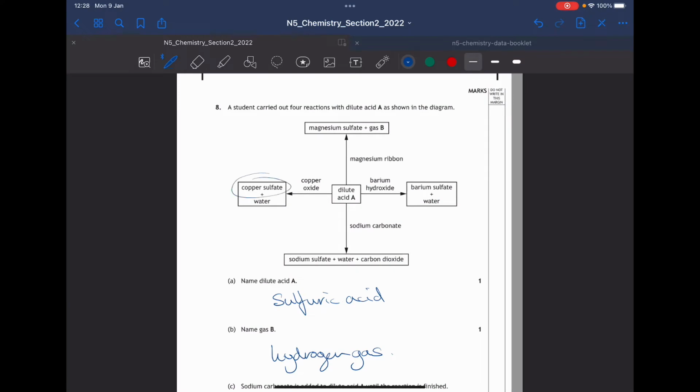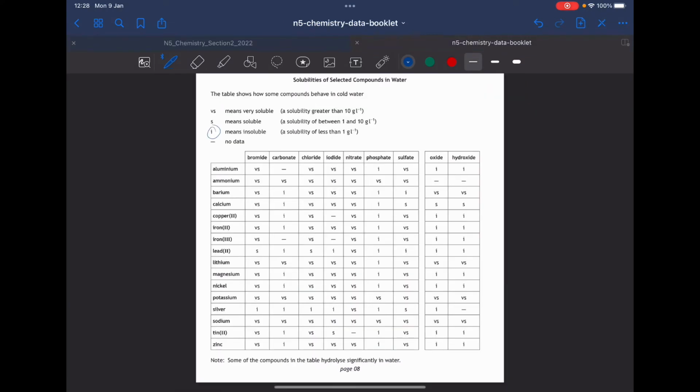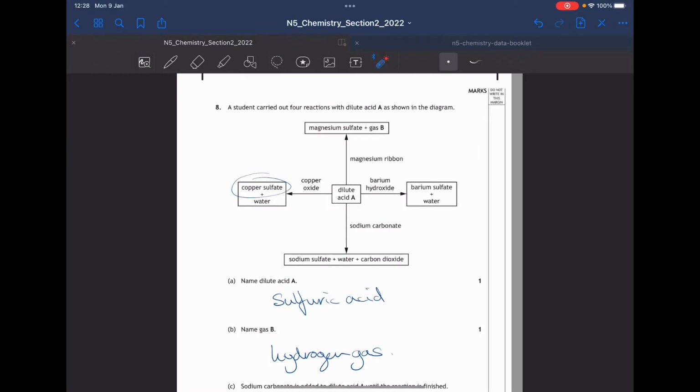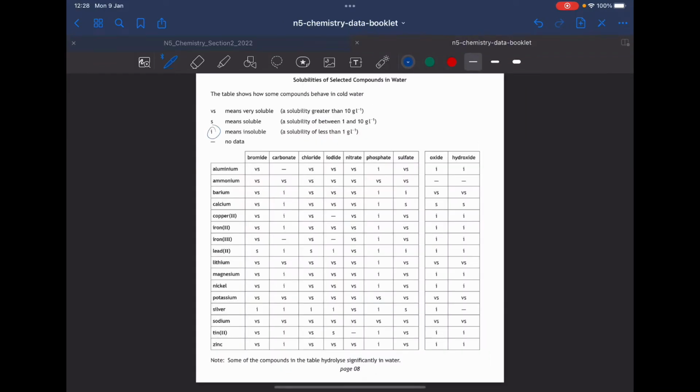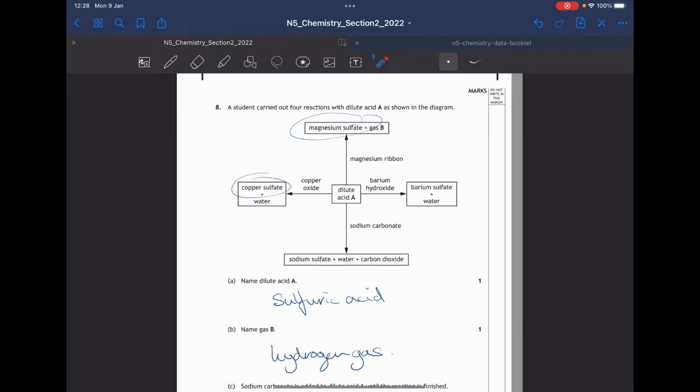So if we look up copper sulfate first, we would find copper and then go along to where it falls in line with sulfate. So that's very soluble, so that's not going to be our precipitate. We look for magnesium sulfate next. So down to magnesium, along to sulfate. Again, that's very soluble, so that's not going to be our precipitate.